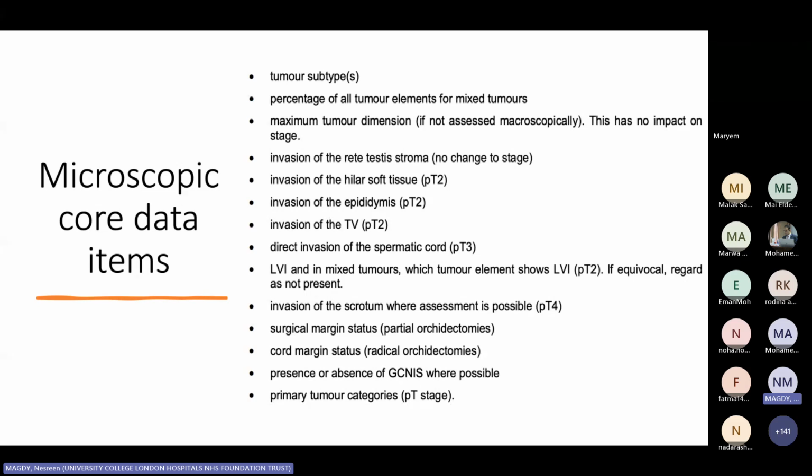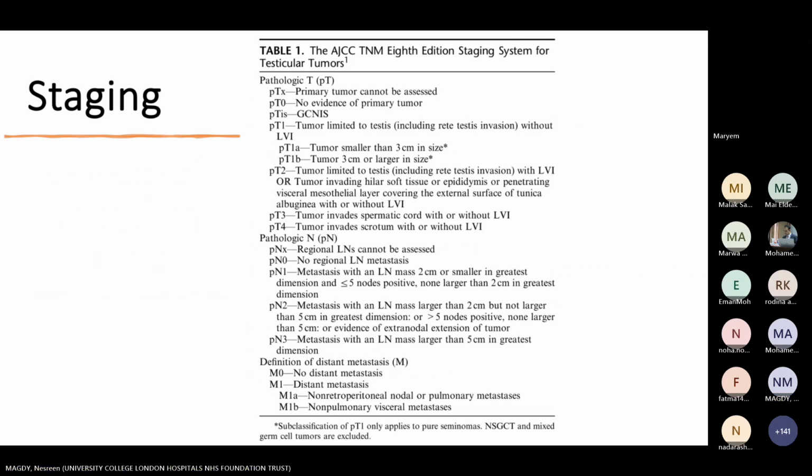Direct invasion of spermatic cord, the presence or absence of lymphovascular invasion, presence of invasion of scrotum if accessible, surgical resection margin in partial orchidectomies, and cord resection margin in radical orchidectomies, the presence or absence of background thickness, and the primary tumor stage, which is the T category.